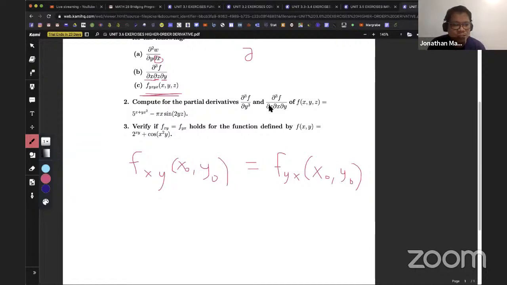If both are continuous at x sub 0, y sub 0. What do you mean both? Actually, hindi both. Yung function itself, not the partial derivative. Okay? If your function f is continuous at x sub 0, y sub 0.